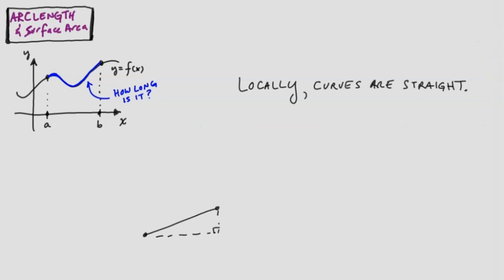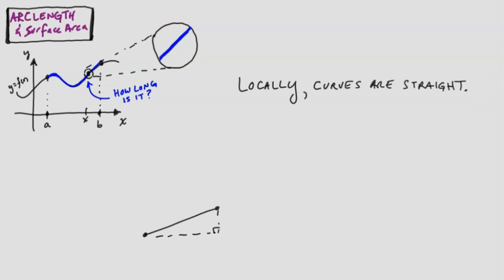For example, if I just take some typical point x in this interval from a to b and go up to the curve there, well, if I imagine a little infinitesimal neighborhood of that point on the graph. Obviously, I can't draw something infinitesimally small, so you have to use your imagination. But anyway, imagine this infinitesimal neighborhood and put it under an infinitesimal microscope. Well, on this infinitesimal scale, we see that the curve is, of course, straight.